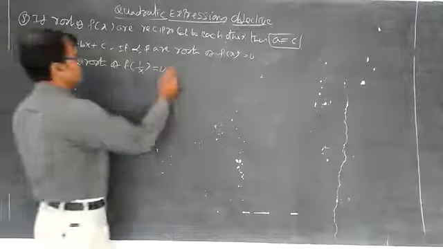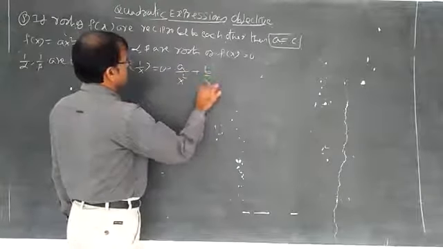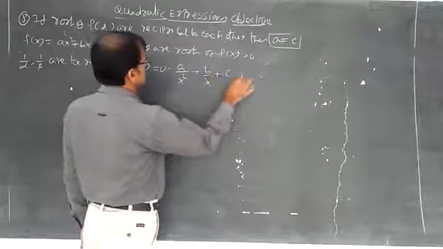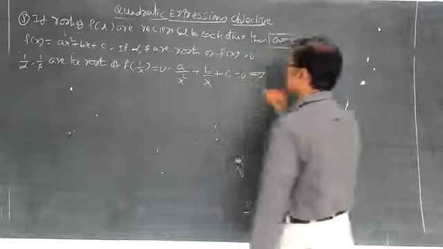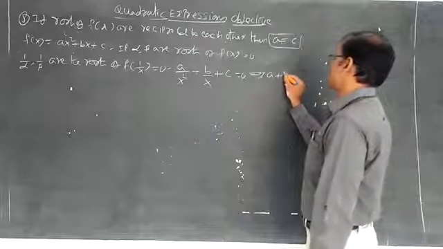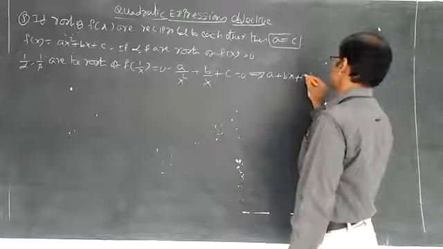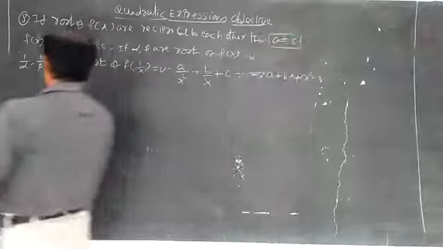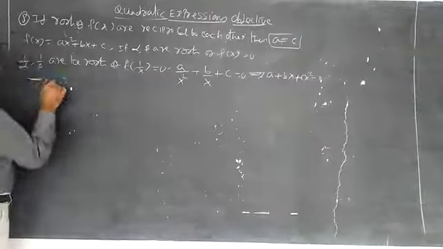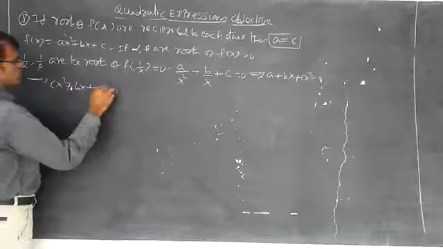Depending upon f of 1 by x, you can write here a by x square plus b by x plus c equal to 0. That implies a plus bx plus cx square equal to 0. It becomes the quadratic equation cx square plus bx plus a equal to 0.